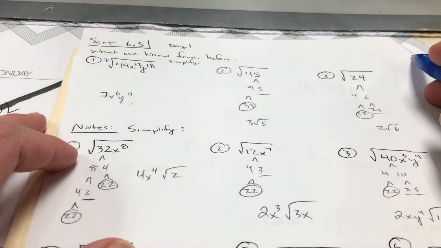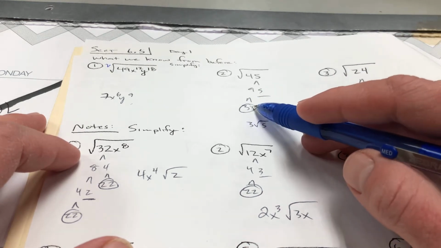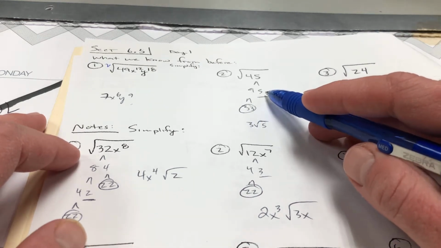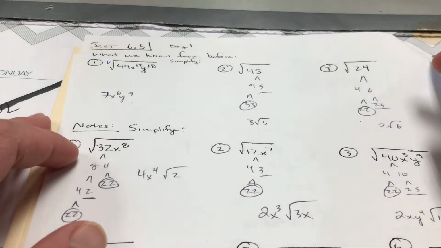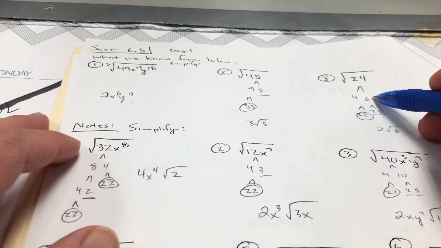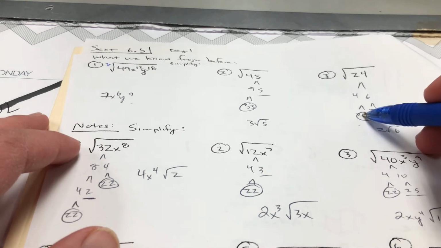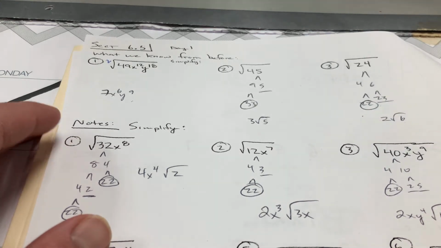Square root of 45, if I were to break that up, 45 is 9 and 5. 9 is 3 and 3, and there's my pair. That breaks out a radical jailbreak, 3 root 5. Square root of 24. 24 is 4 and 6, or 8 and 3, or 12 and 2, doesn't matter. 4 is 2 and 2, 6 is 2 and 3, so this pair breaks out. 2 root 2 times 3, 6.